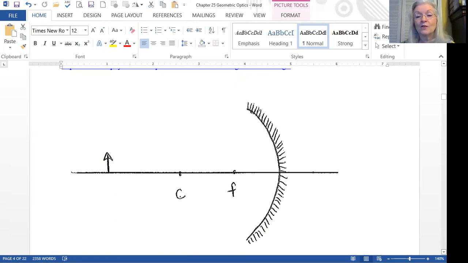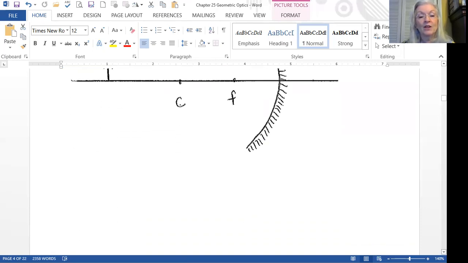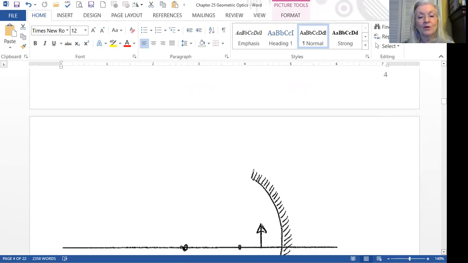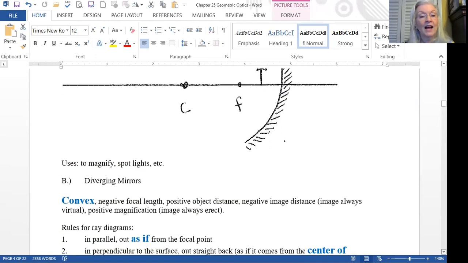If you want to do them ahead of time, you can look at the previous example for in parallel, out through the focal point, in through the focal point, out parallel. I would only draw 2 rays. Don't ever draw the third one. You can't get 3 lines to cross each other. You have to be very precise to get that to work. So if you want to practice, go ahead, but we will do these physically in class.